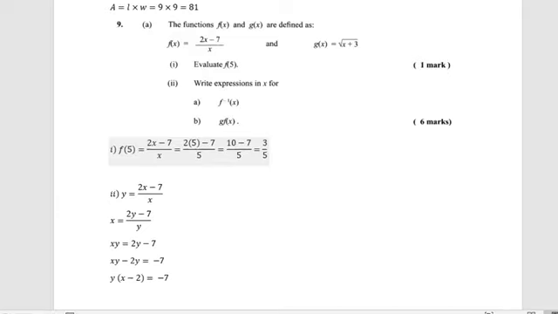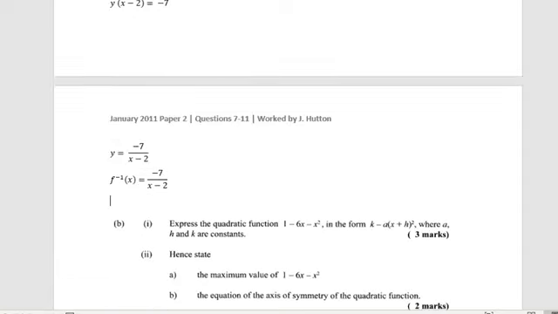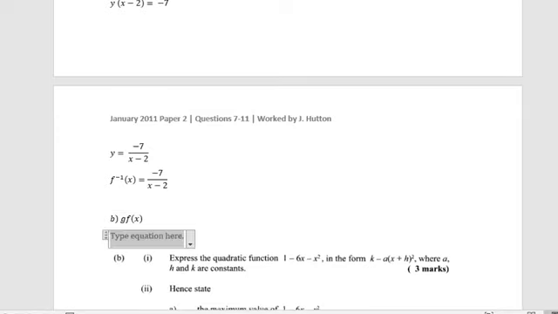That is how we will solve part B. So it's a composite function. g of f of x is equal to the square root of x plus 3, and wherever we see x, we replace it with what was there for f of x.